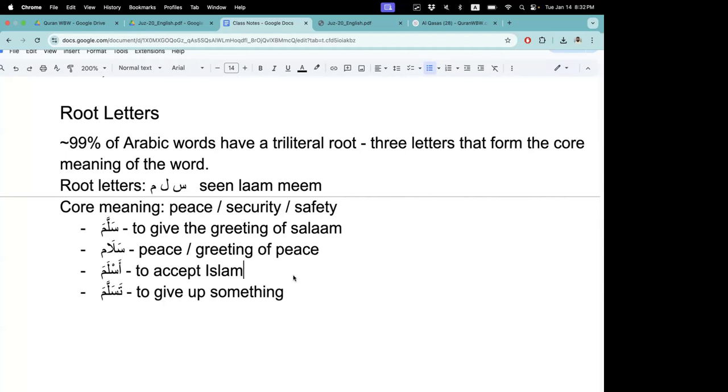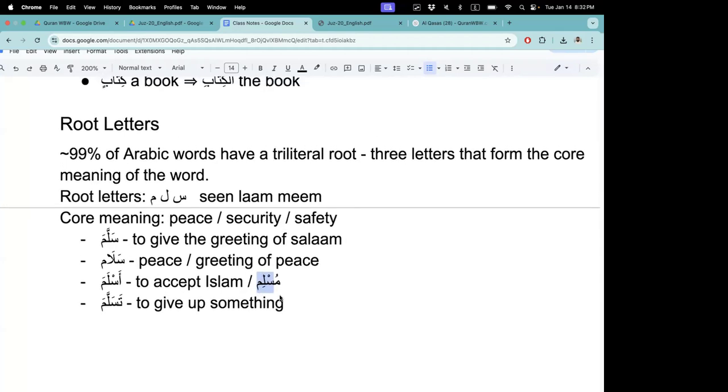By the way, we also have other words related to this. We could add the word, for example, Muslim. Same three letters: sin, lam, mim. Islam, sin, lam, mim. This is the idea. You have three letters that form the core meaning of the word, and from that a number of derivatives are formed.